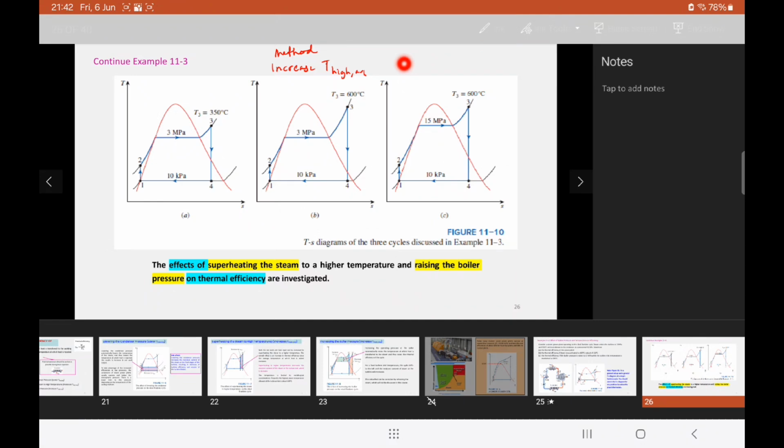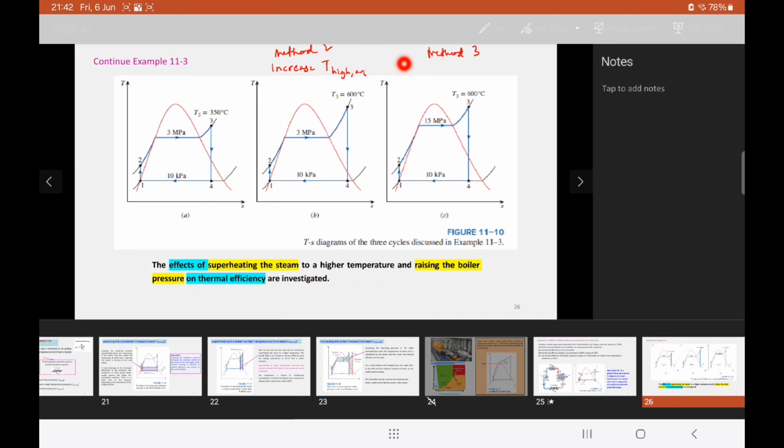And then for part C you are investigating method 3, where you are increasing the operating pressure of the boiler, which automatically increases the temperature at which the boiling takes place.